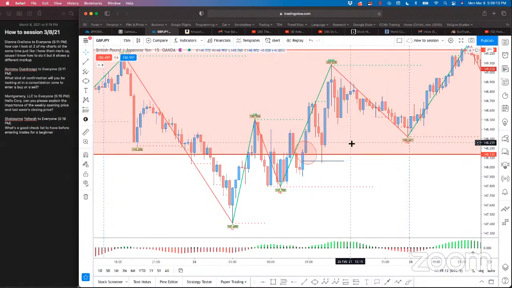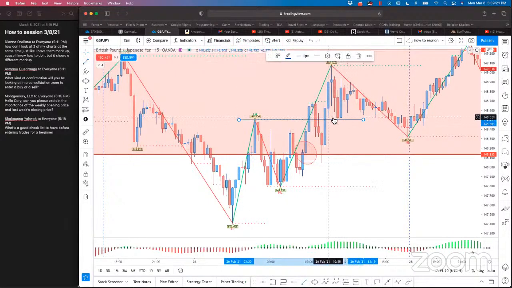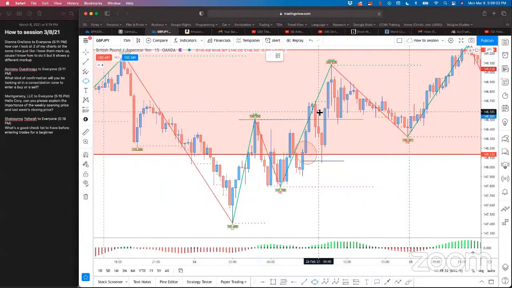If I don't do that, I have the option to make this a little high, and then I'm going to trade break and retest: break, this the retest, and then go. If I miss those two, because that's one entry right here, this is the retest entry right here, this is another retest entry right here.